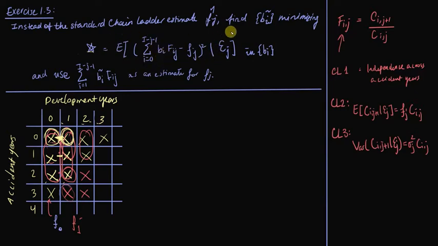So we will find the Bi tilde values, which plugged into Bi minimizes this conditional expectation, and then use these Bi tilde as weights in the weighted sum of the development ratio, and try and use this as an estimator for Fj. So let's see if this works out.